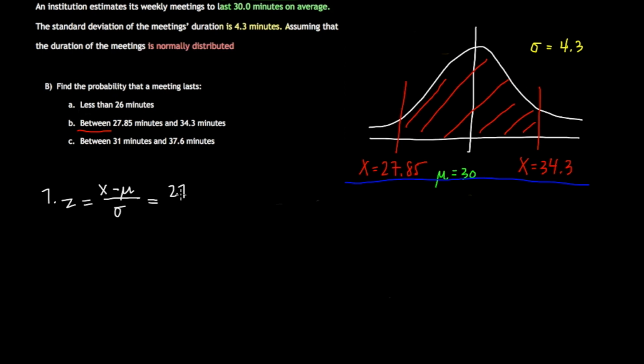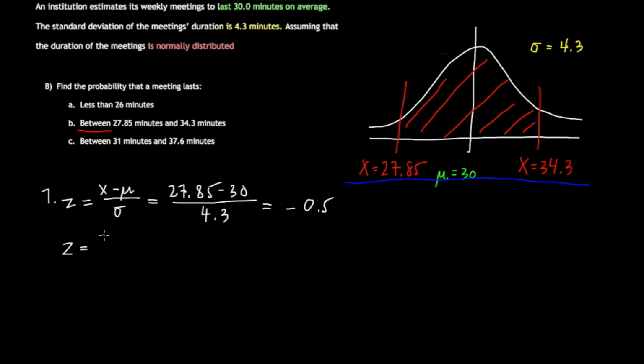So it's 27.85 minus 30 divided by 4.3, and this is equal to negative, so please don't forget the negative. It's going to be important for later. So negative 0.5. So let's go ahead and find our second one before we put them in as visual cues.